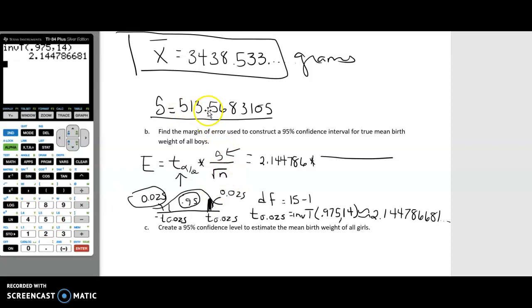Our sample standard deviation, we got that from the data set. That's 513.5683105 divided by the square root of n. We had 15, so you go in your calculator and type all that in.